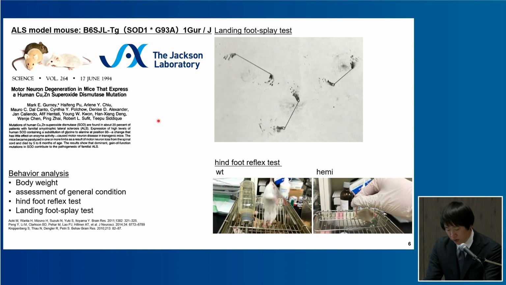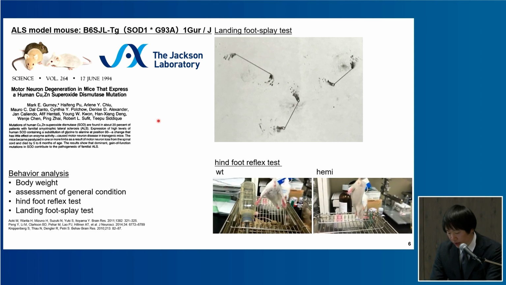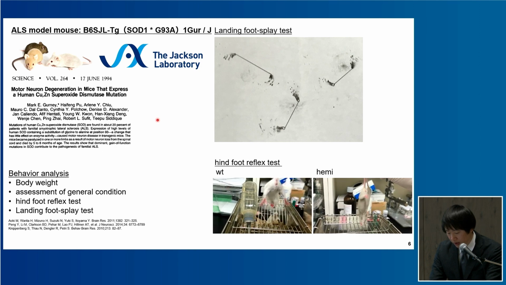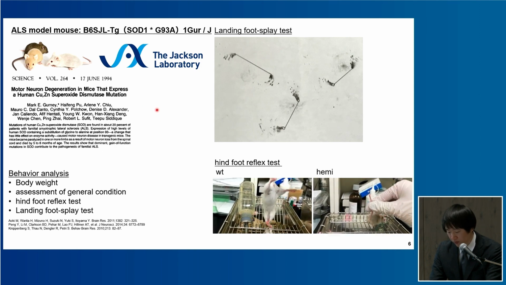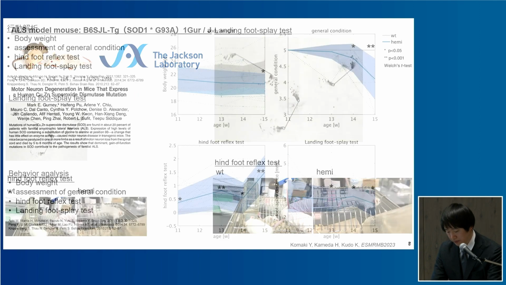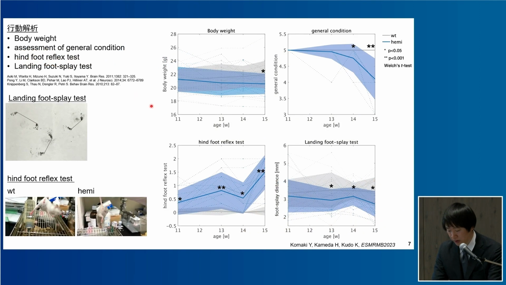First, because paralysis usually begins with hind limb impairment, behavioral abnormalities were identified by assessing hind limb scores. We assessed body weight, general condition, hind limb response, and the extent of splay during falls.